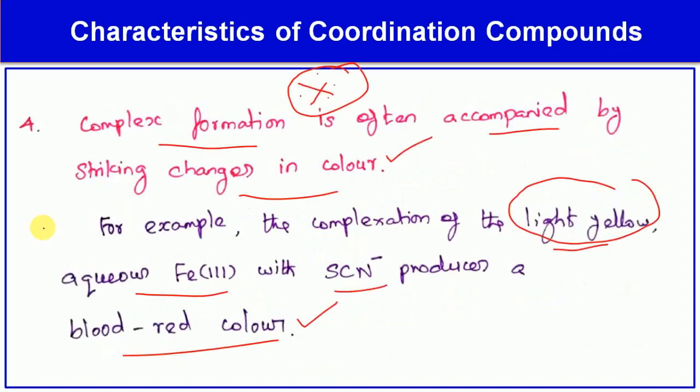Fourth, complex formation is often accompanied by striking changes in color. The Fe3+ ion is normally light yellow, but if it is attached to thiocyanate, it produces a blood red color.